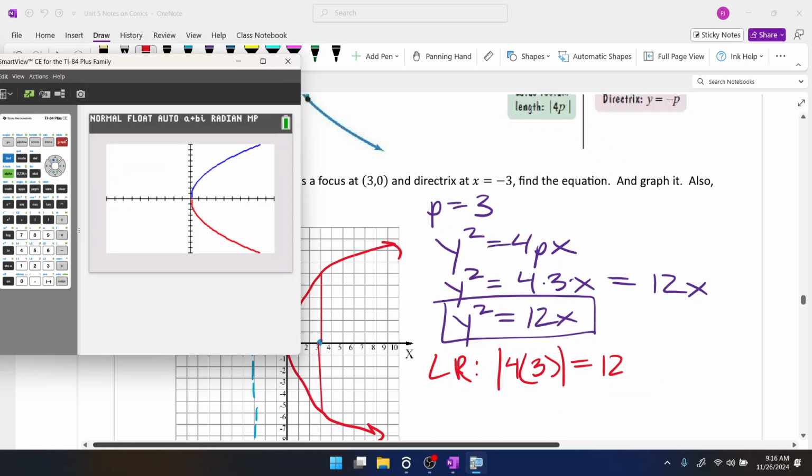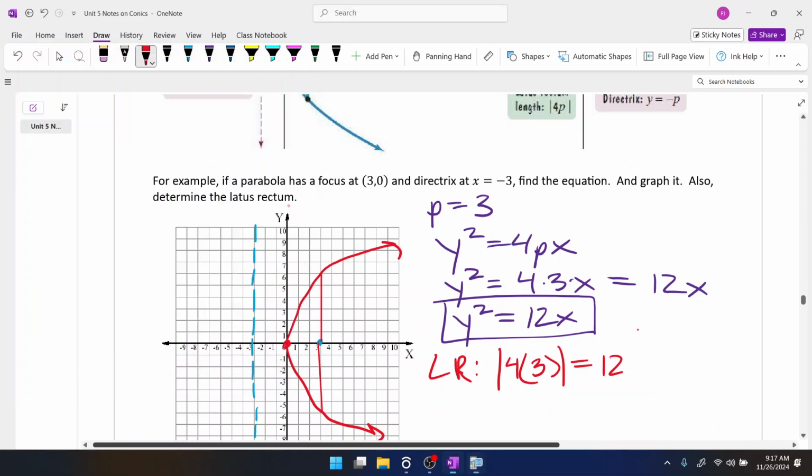And it looks kind of like what we just graphed here. For whichever equation you choose, where x is 3, y is going to be 6. And if you chose the negative one, y would be negative 6. So we can get that rather easily here.